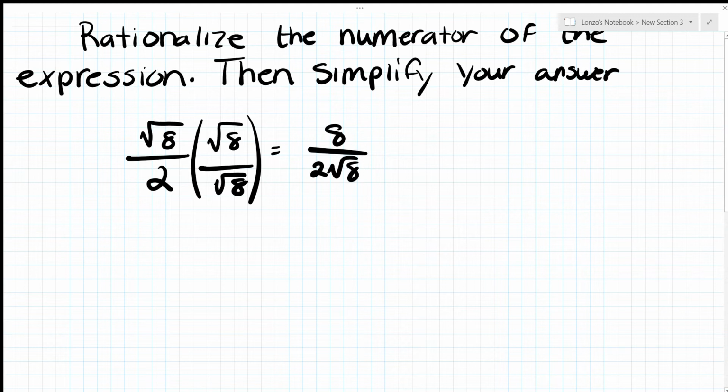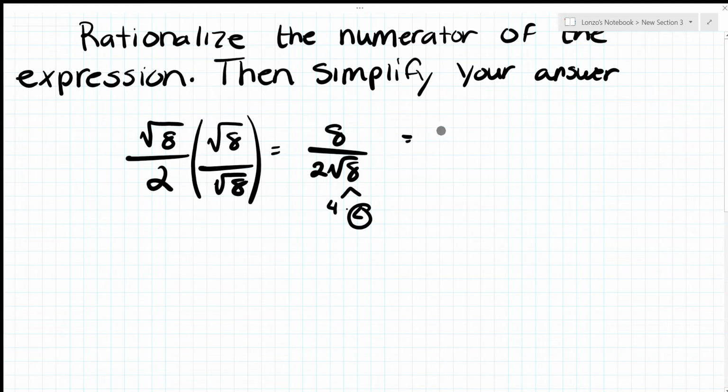Let's see here, we can actually go a little bit further. Let's simplify this square root of 8. So that would be 4 and a 2, right? How this works is the prime number stays inside the radicand and the perfect square comes outside, but it's not 4, it's the square root of 4, which is 2.